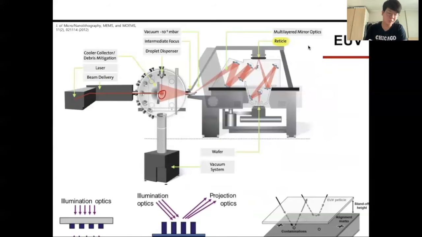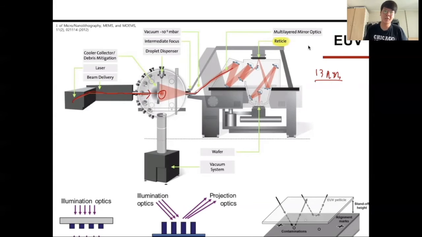If we expose the tin to CO2 high energy lasers, then the tin plasma emits light, with a 13 nanometer wavelength. With extreme ultraviolet light, we don't use the commonly used projection printing or something else.